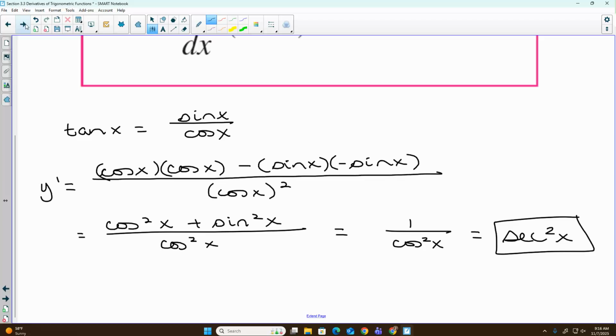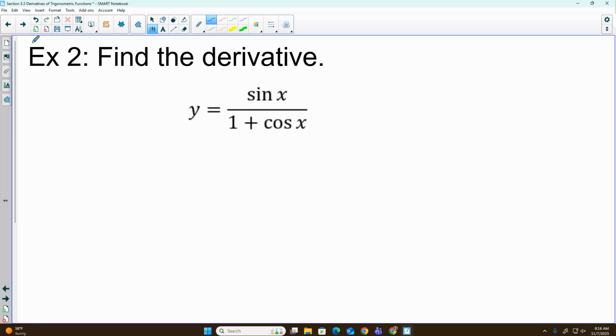All right, let's try a problem. So if I wanted to find this derivative, what would we have to do? Quotient. So low d high, what is the derivative of the top? Cosine. Minus high d low.